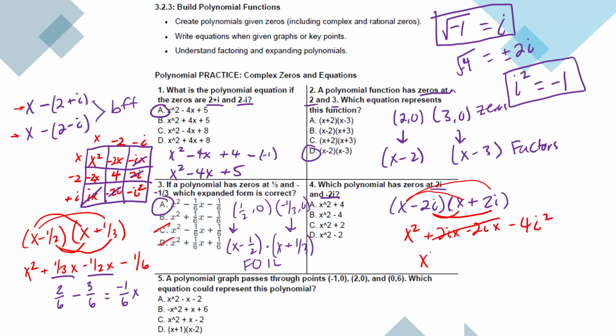They cancel out, and we're left with x squared minus 4i squared. And what does i squared equal? Negative 1. So we're left with x squared plus 4. So which is our answer? There we go. The answer is A.